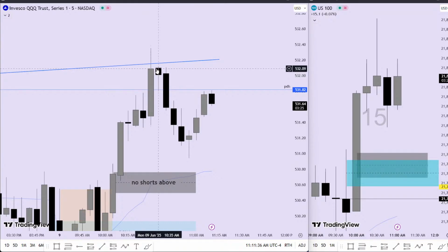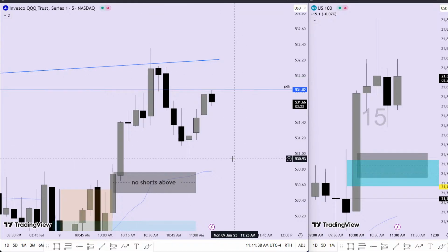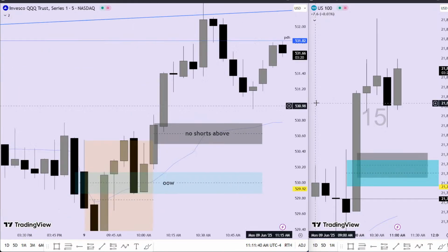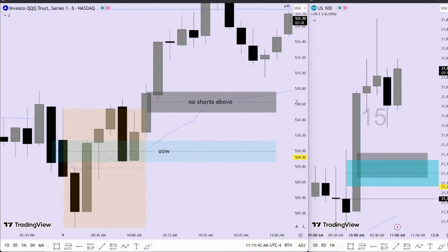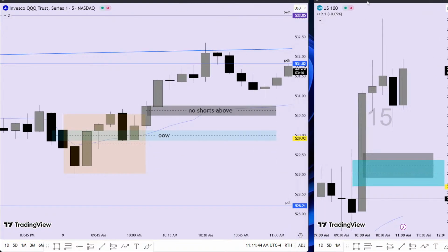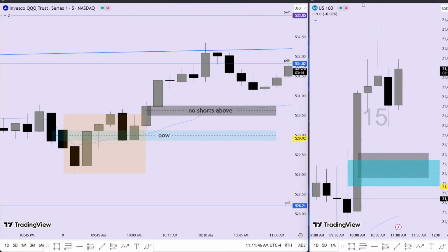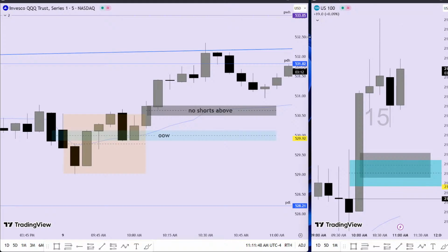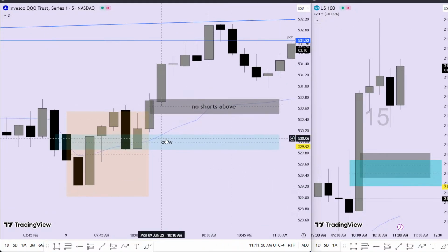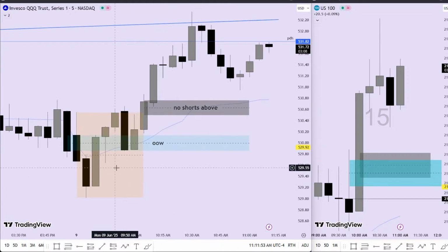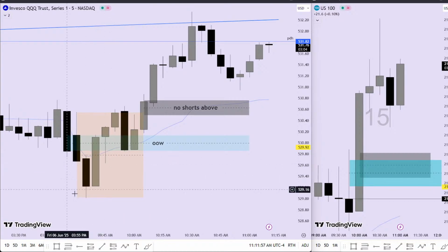So if I would have bought below this bar, I would have made money, right?